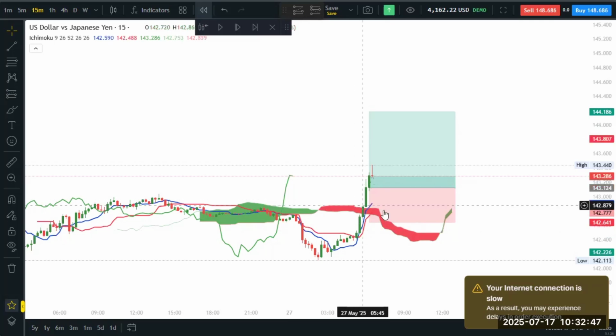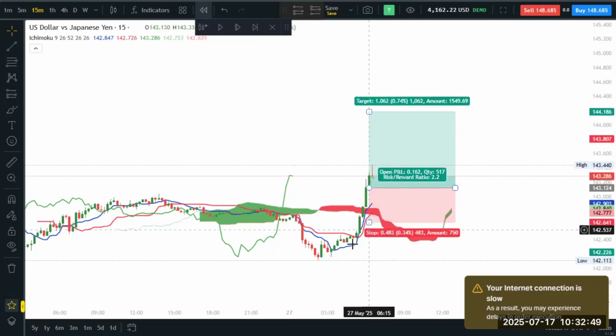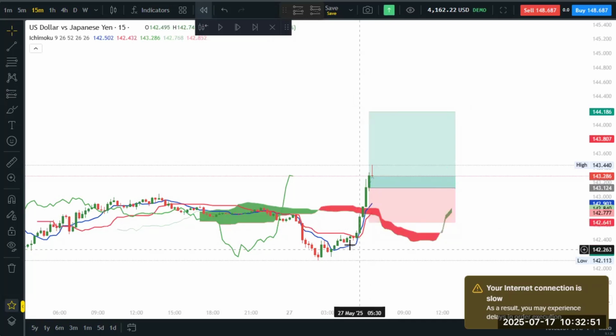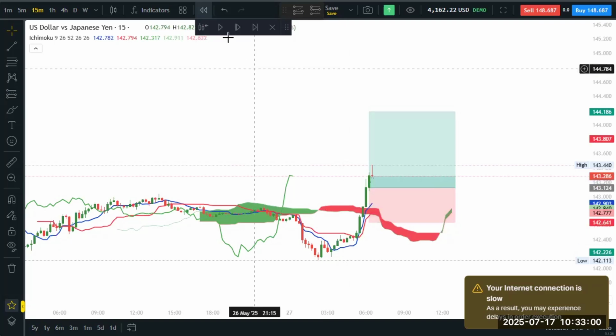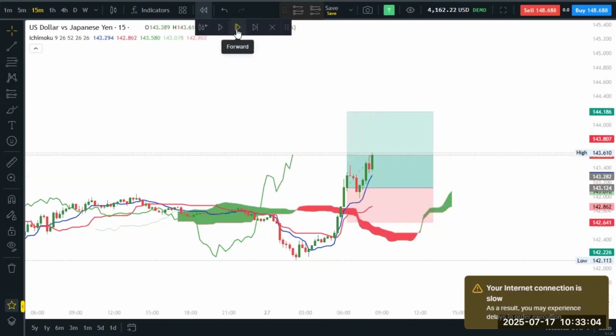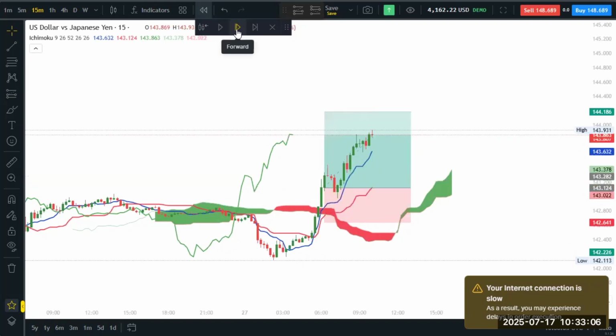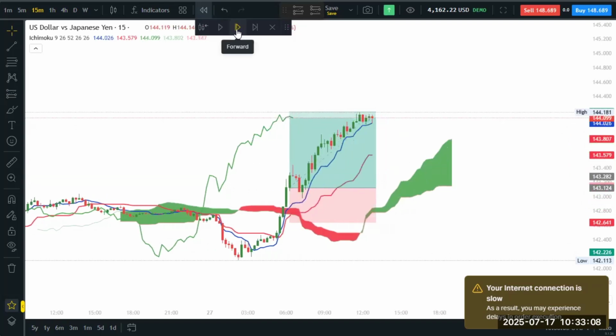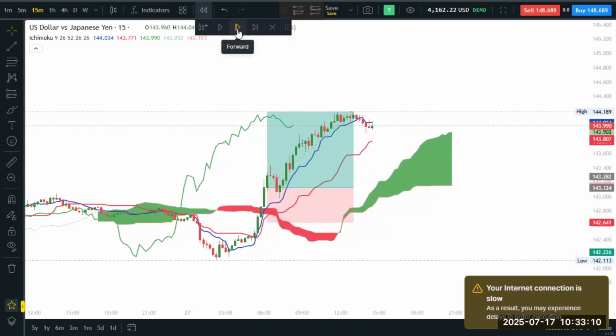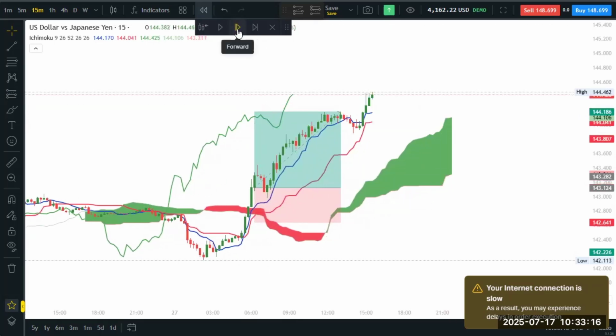But if it crosses the price to go below it for a bullish, or it crosses below the cloud, then you have to exit your trade. So let's play out and see how it will go. We hit our TP and price continued to go up.